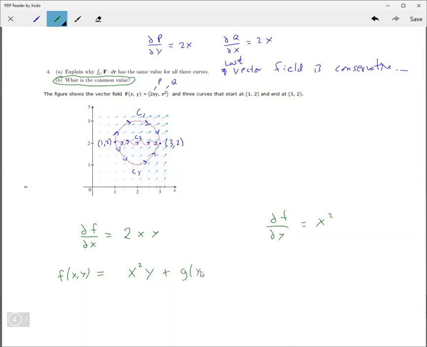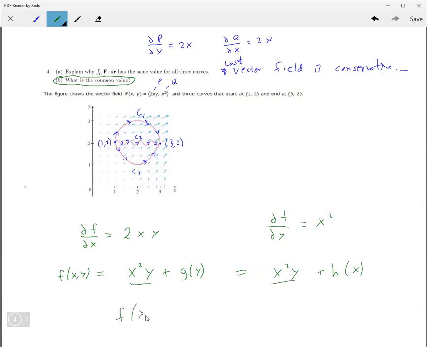Okay, but then you could have a function in y too, right? Because if you take the partial of this with respect to x, this goes away. Okay, now integrate this in y or find the antiderivative. That's also going to be x squared y. Then I could also have a function of x. But this is not needed because here these are all the same.